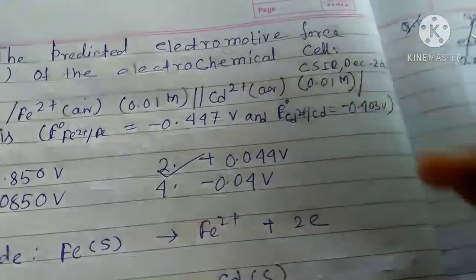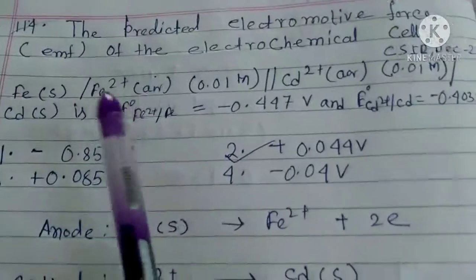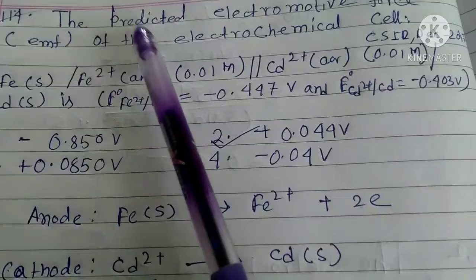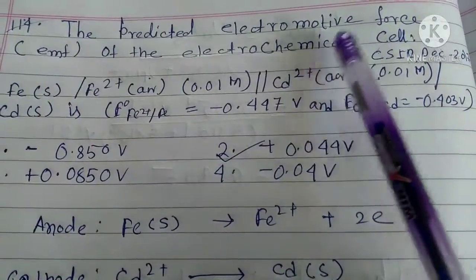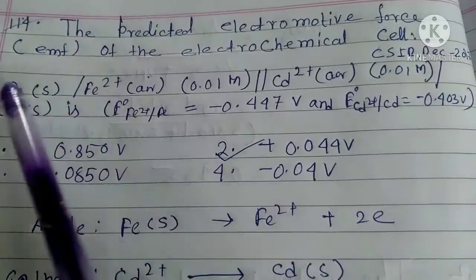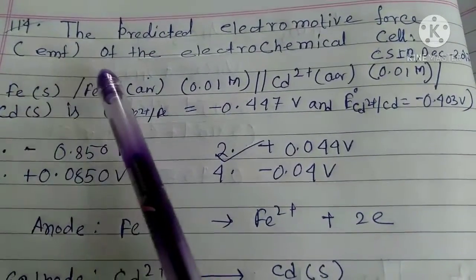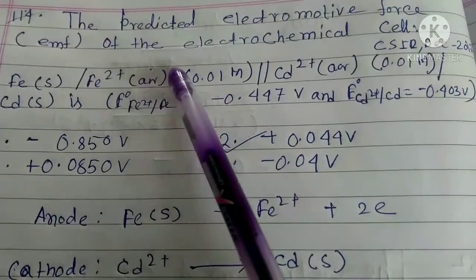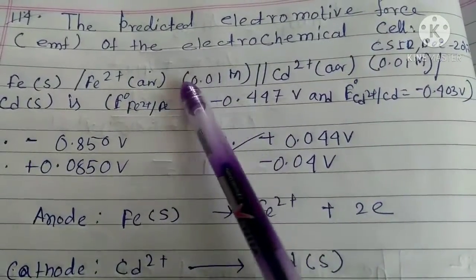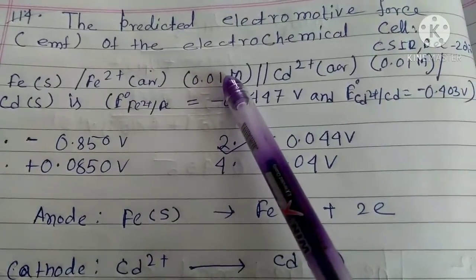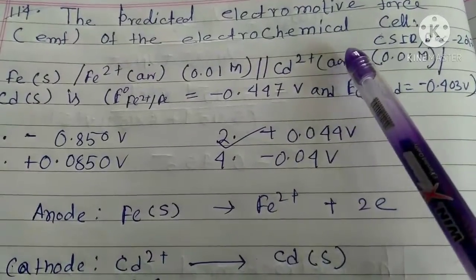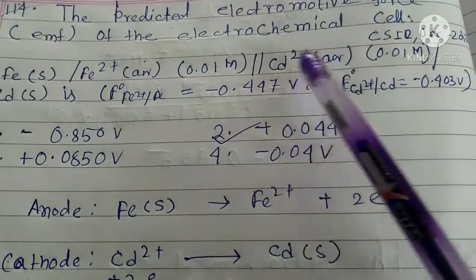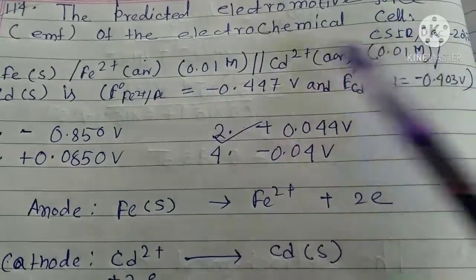The question was to predict the electromotive force, or EMF, of the electrochemical cell in which, at the anode, Fe solid is converted into Fe2+ aqueous of concentration 0.01 molar, and at the cathode, Cd2+ is converted into cadmium solid.